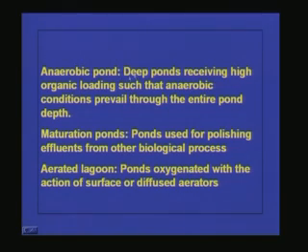Now, coming to maturation ponds, these are the ponds used for polishing effluents from other biological treatment units. And aerated lagoons are the ponds oxygenated by the action of surface or diffused aerators. Maturation ponds most of the time come under aerobic ponds, because they will be long and wide ponds, but the depth will be very small.